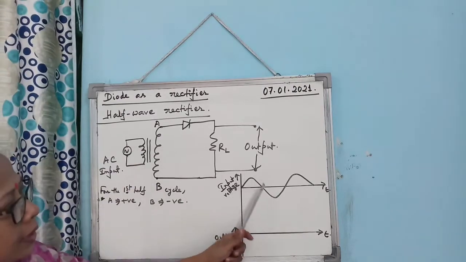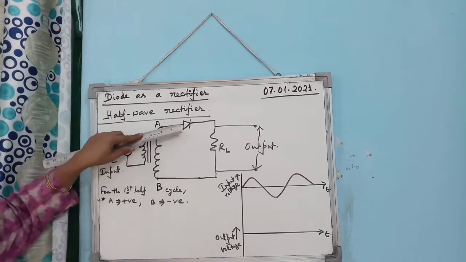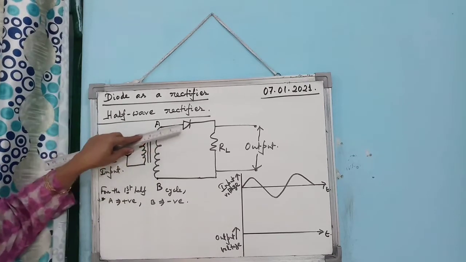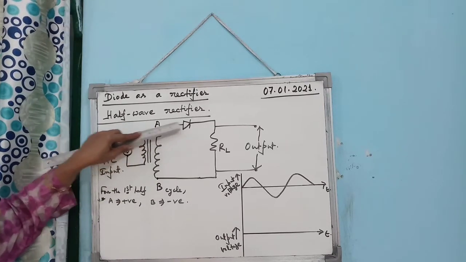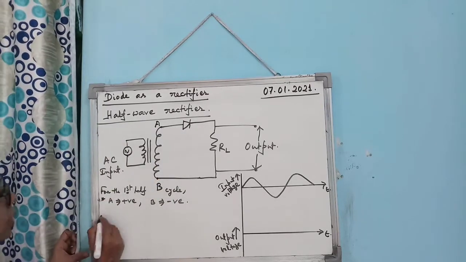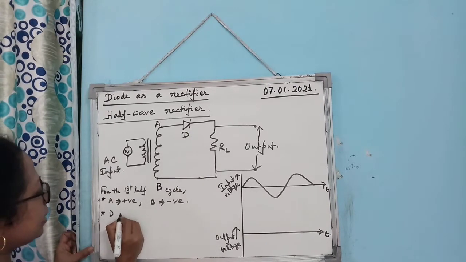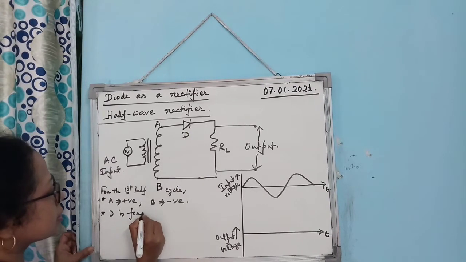Because in the first half cycle it is positive, so A will be positive, B is negative. So look at the junction diode, how the diode will be biased. P is connected to positive, N is connected to negative. It means, suppose this is diode D, so D is forward biased.